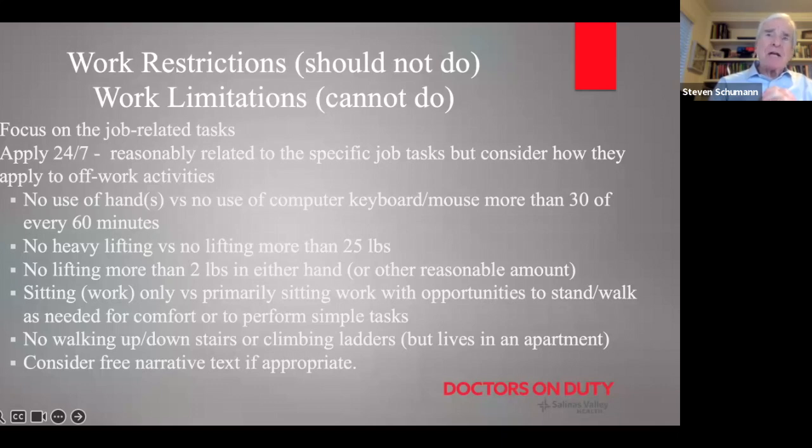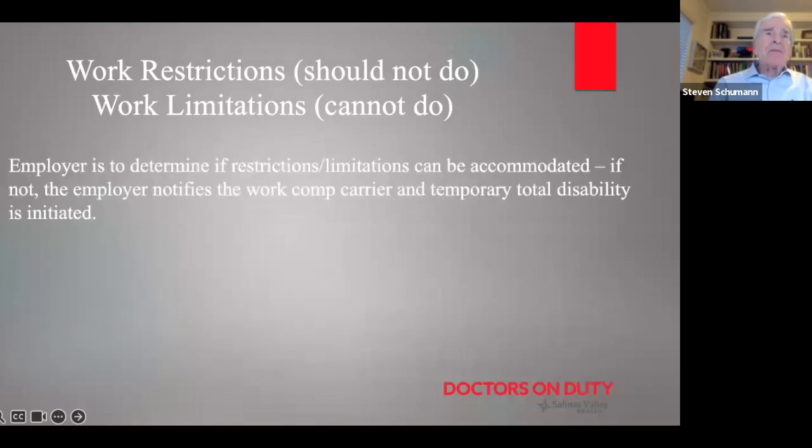So if you feel like the drop-down choices that exist really don't describe what it is you're trying to accomplish, feel free to add free narrative text and have that be the restriction that you want to apply.